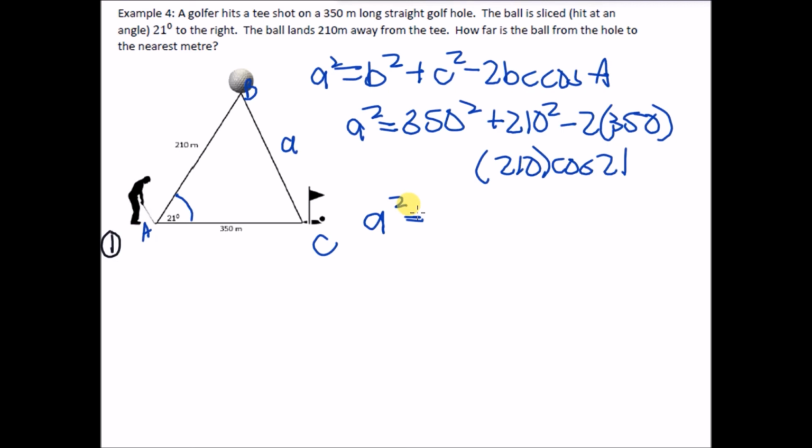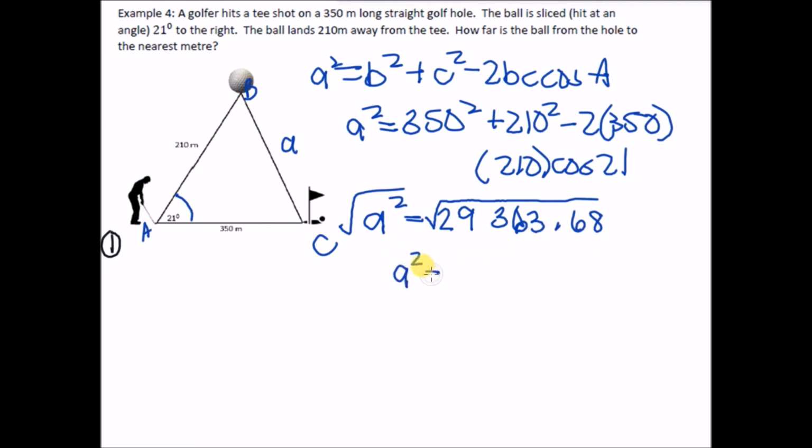Okay, we put this entire thing into our calculators. So 350 squared plus 210 squared minus 2 times 350 times 210 cos 21. I get 29,363.68. And now I want to root that. Just remember, I rounded on the board, but in my calculator, I just leave it.